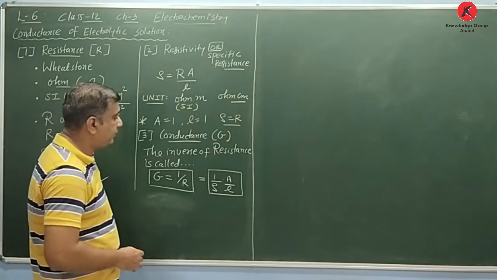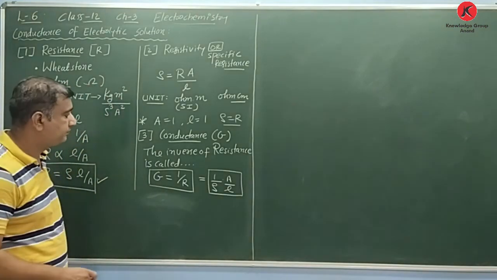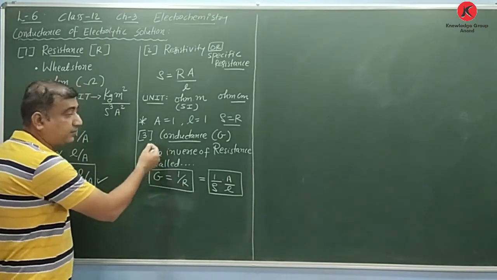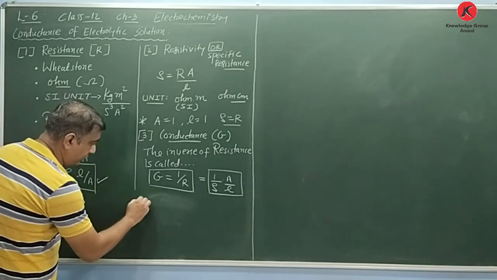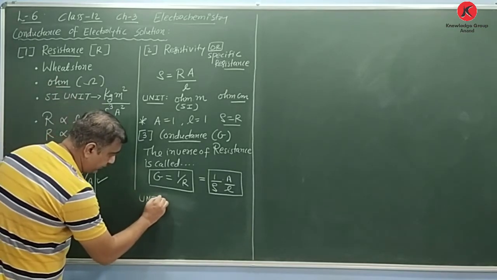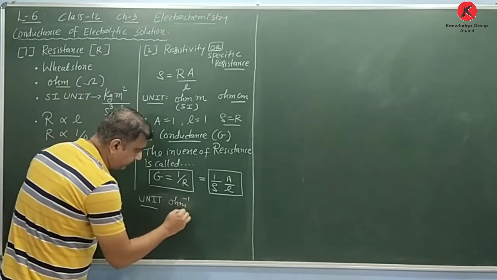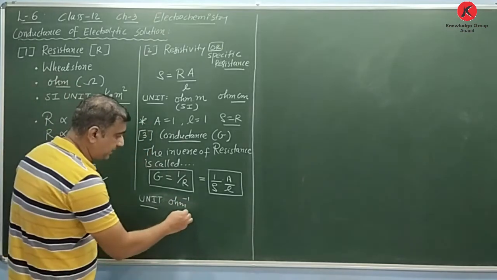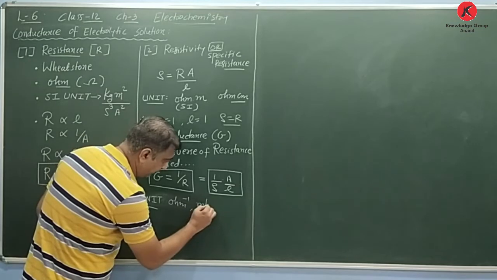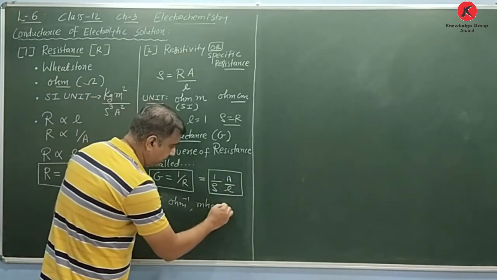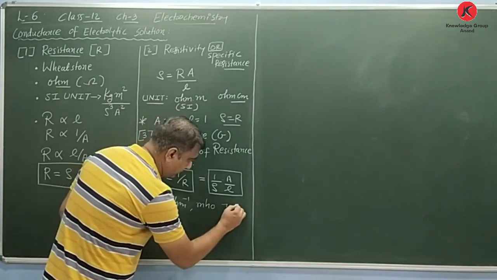Now what will be the unit of conductance? Since R has the unit ohm, the unit of conductance will be ohm inverse, otherwise we can also say mho.